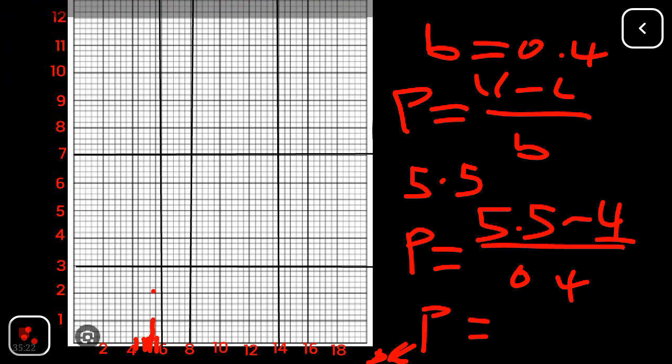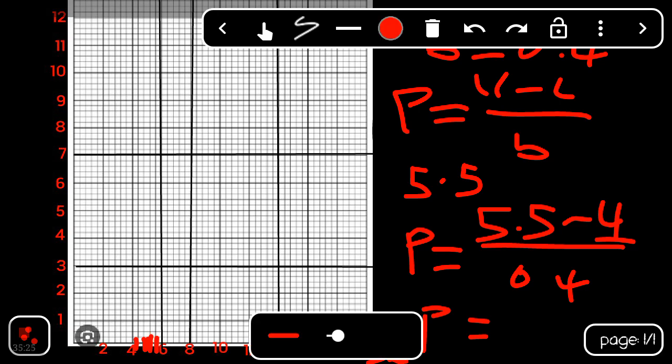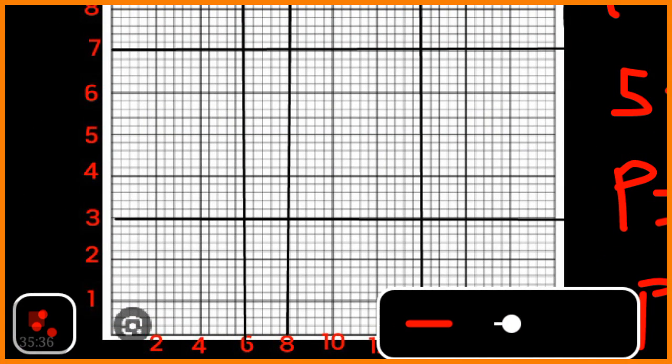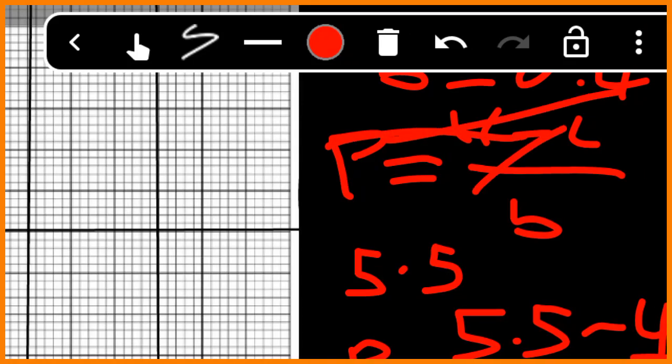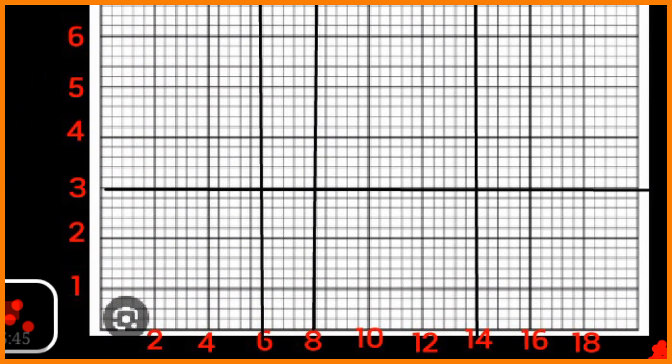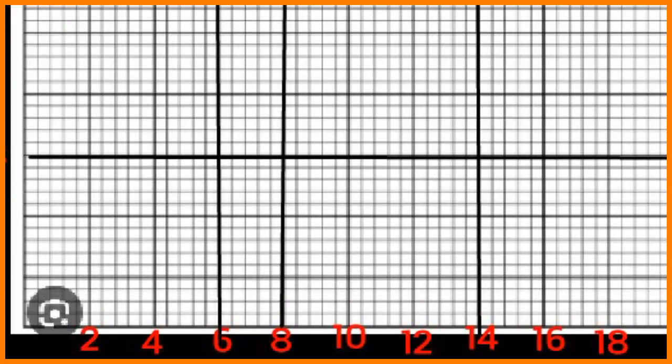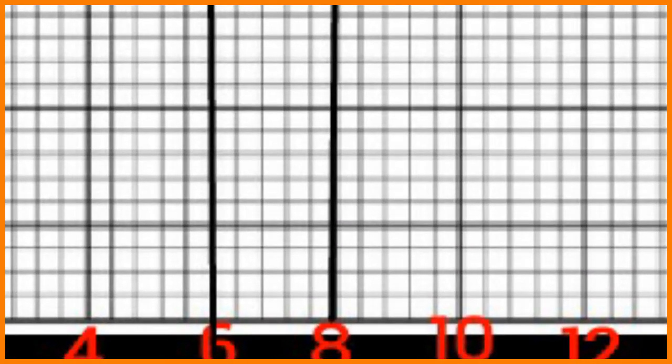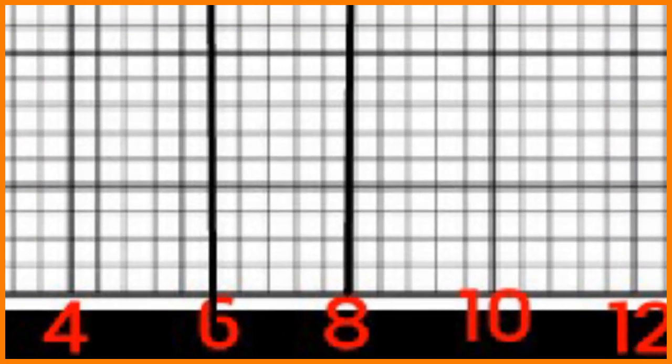The next value is 6.7. I don't have much space, but let me write it down there.